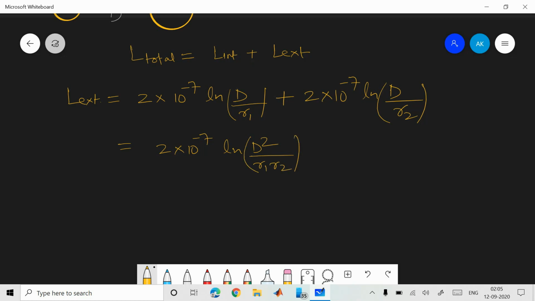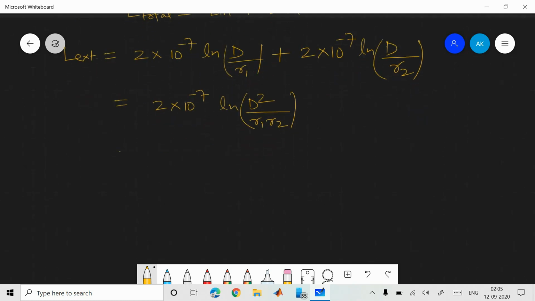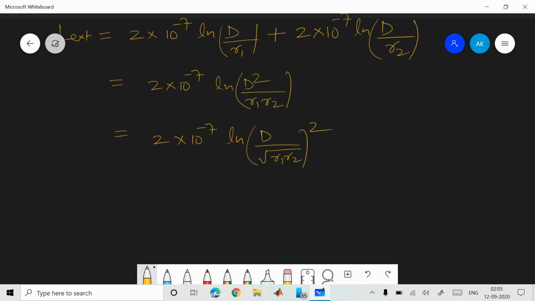Okay, now we can write as 2 into 10 raised to the power minus 7 ln d, if we write like this, under root r1 r2 and whole square, it's the same thing.